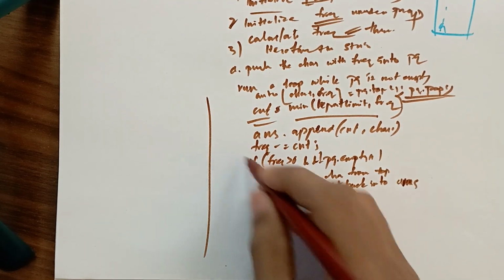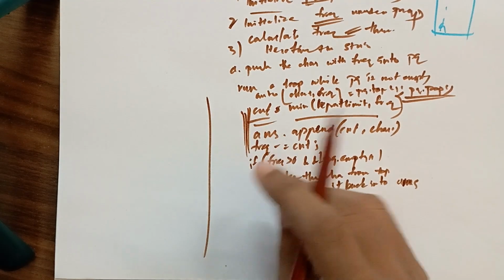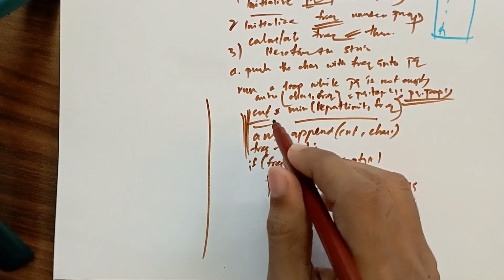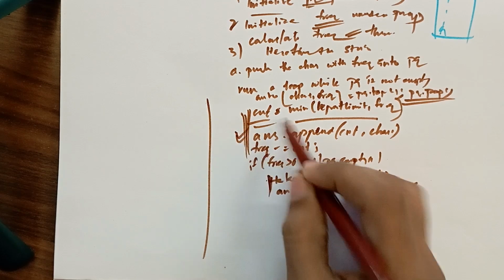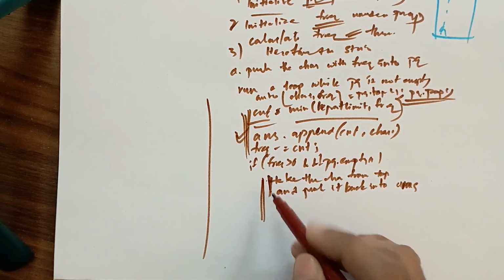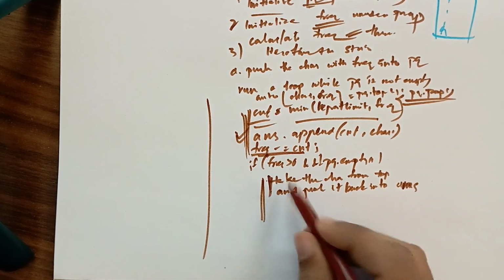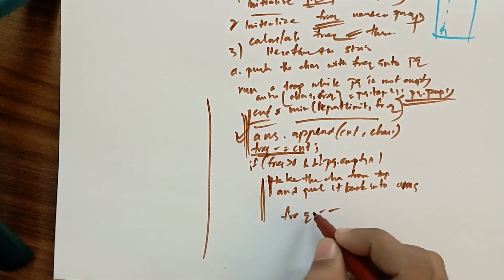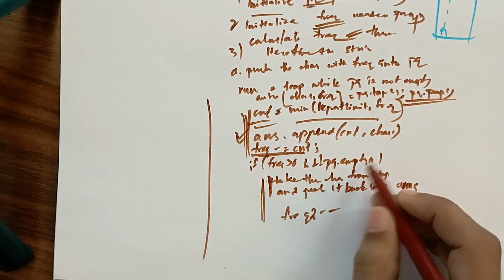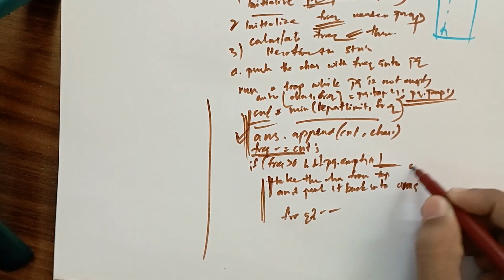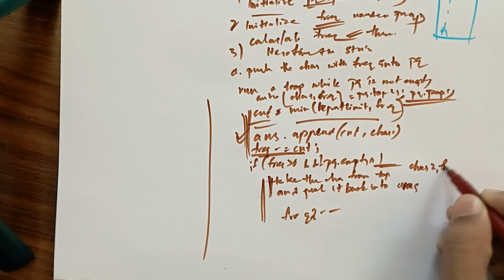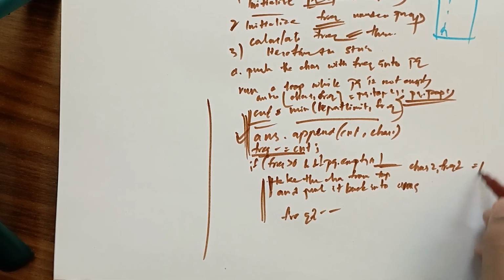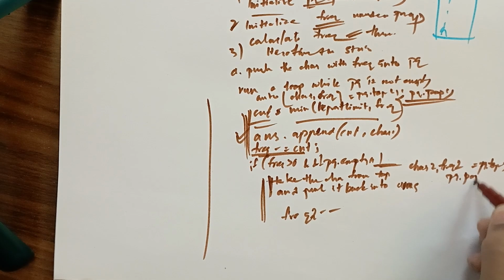This is the step, and this step will be repeated here, but here we'll be decrementing the frequency by only one. So we'll be taking the next element of this priority queue as character 2 and frequency 2 from pq dot top, and removing that from the top.